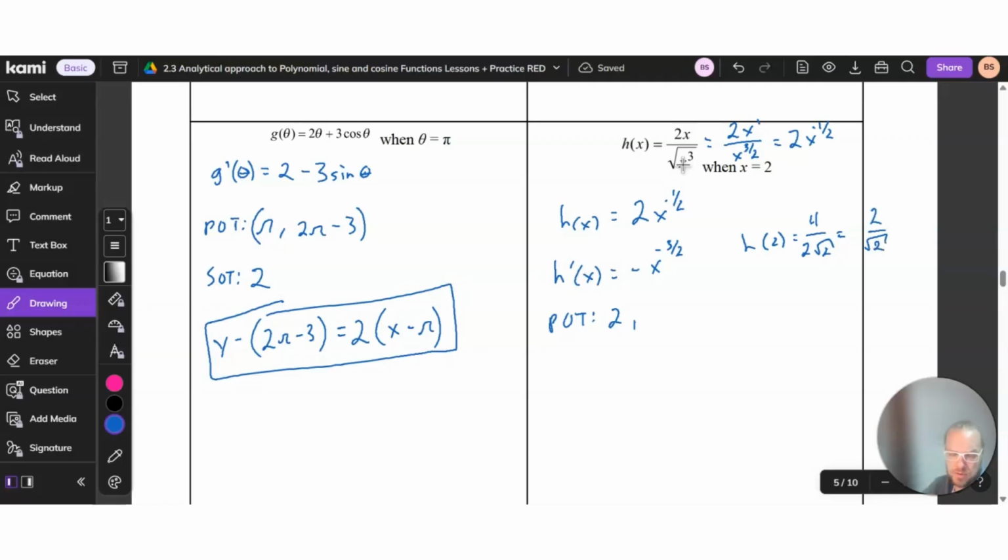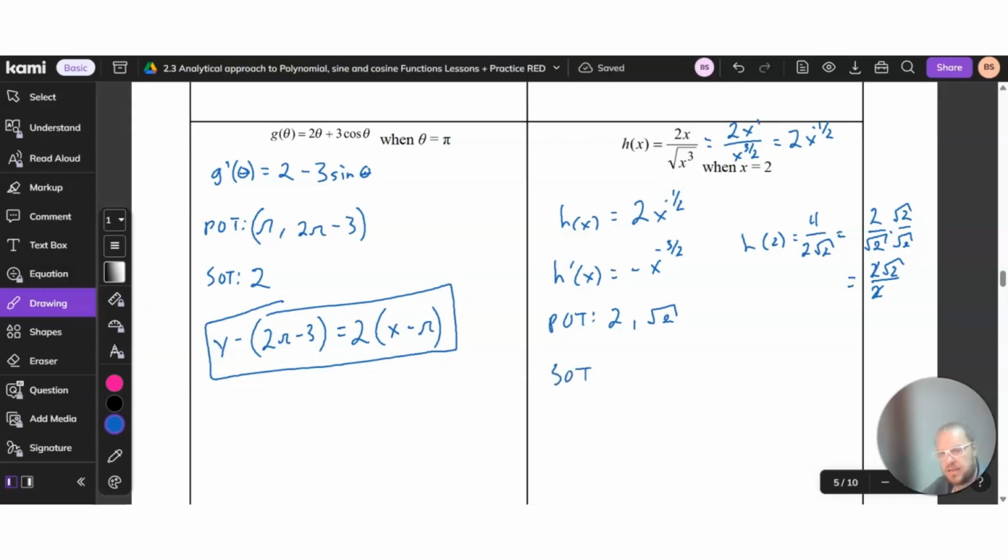Or if you prefer, 2 root 2. If we're American, then we would multiply this by root 2 over 2. And the bottom would just become a 2. The top is going to become 2 root 2. And so those will cancel, and you could just get square root 2 as well. Okay, or 2 over root 2. Doesn't matter. They're both the same.